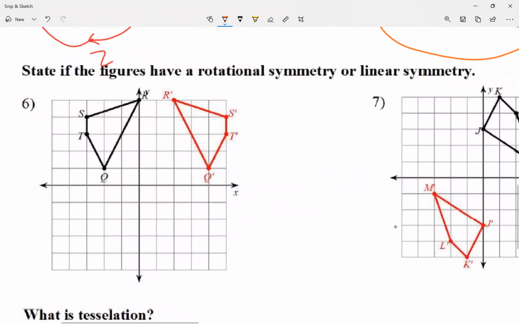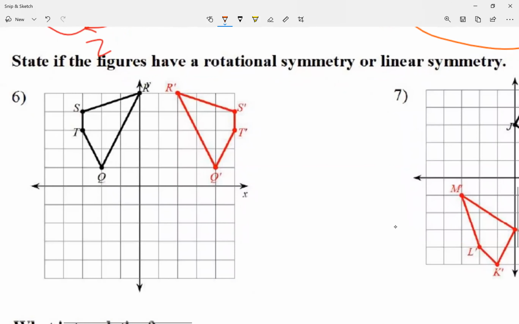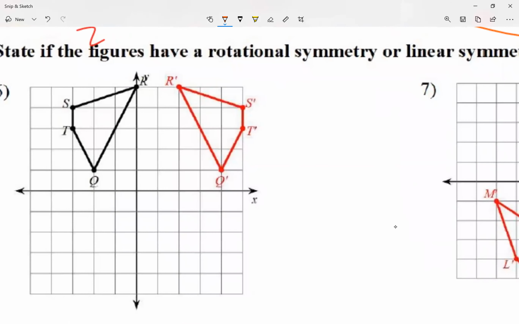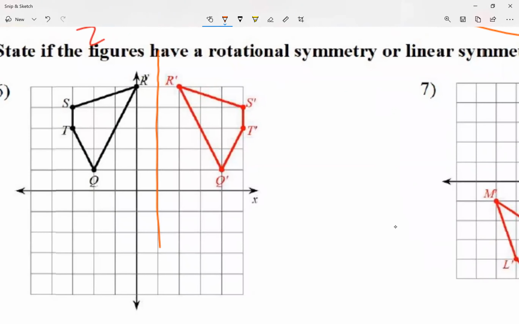Okay, so rotational symmetry. I have the black image, and I'm asking, in order for me to get the red one, do I have to rotate this or do I have to flip the image? In this case, let me imagine a line right here. I'm thinking of linear symmetry.